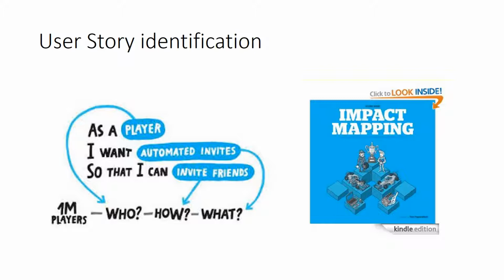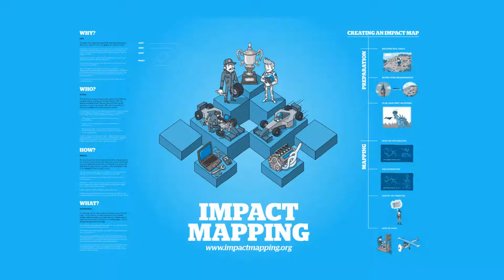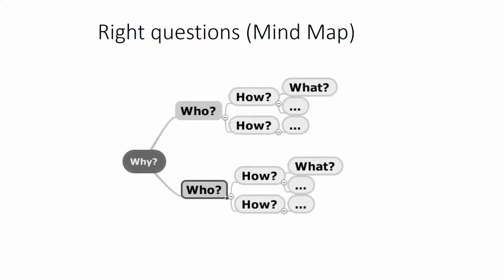Then how they will perform, what they will do so that we achieve it, and only finally what needs to be built for this. There is a nice poster available on www.impactmapping.org, and some descriptions, which are very useful materials for an easy definition of user stories.